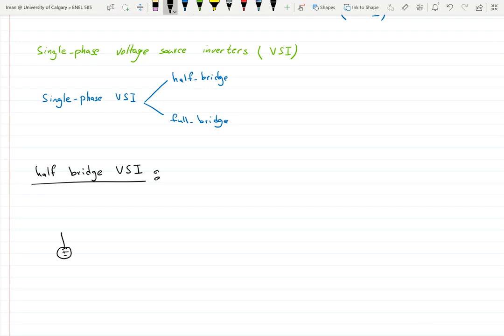So my input has to be a DC voltage, and then I go into my inverter, which is comprised of these two capacitors.